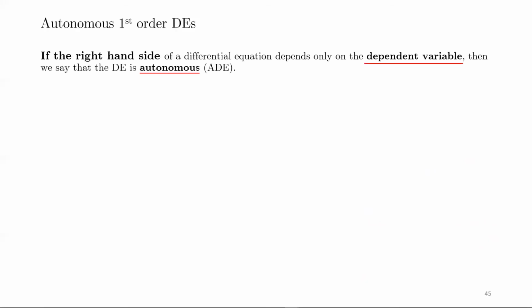What if we have a differential equation that only depends on one variable, and that is the dependent variable? Such an equation we call an autonomous differential equation. If the right-hand side of a differential equation is only a function of the dependent variable, then the differential equation is autonomous. We call it an ADE.